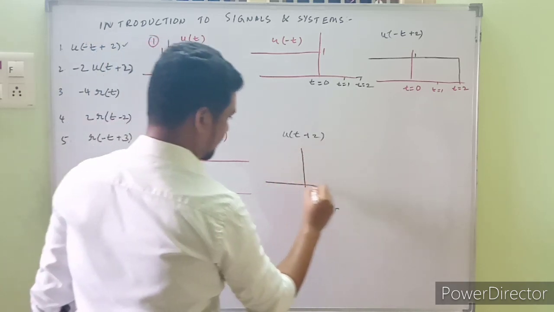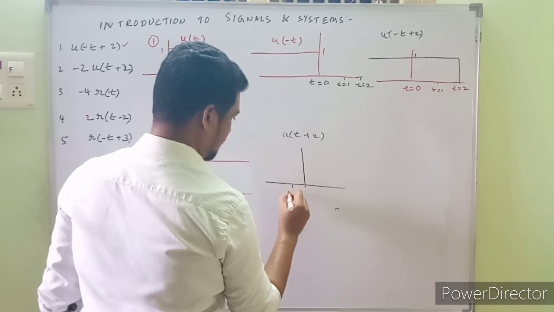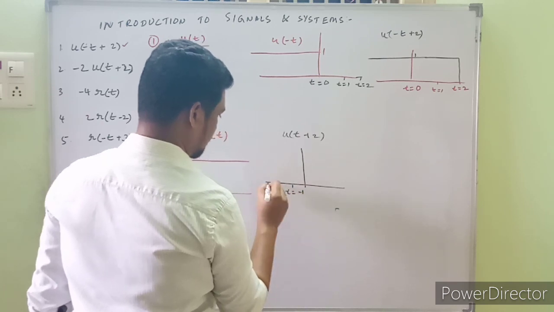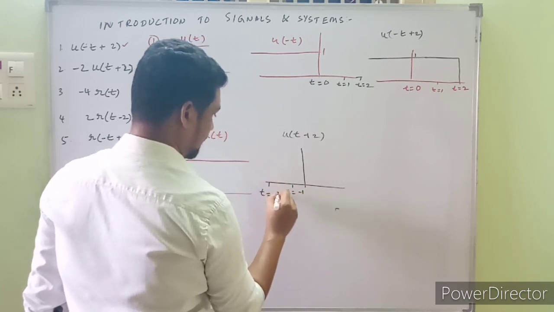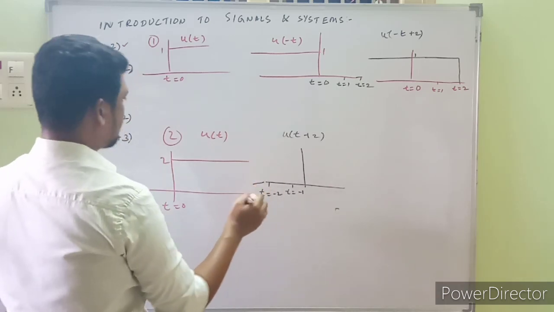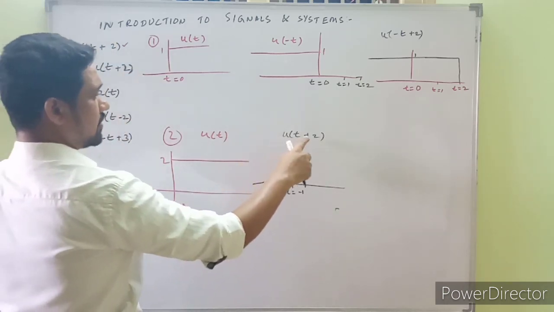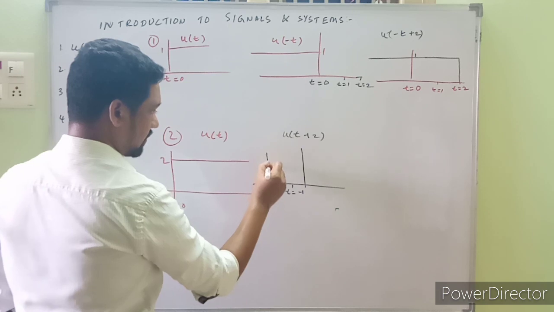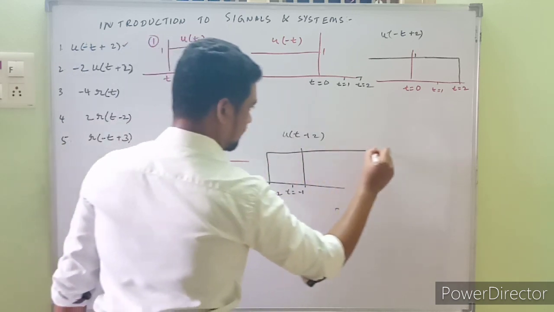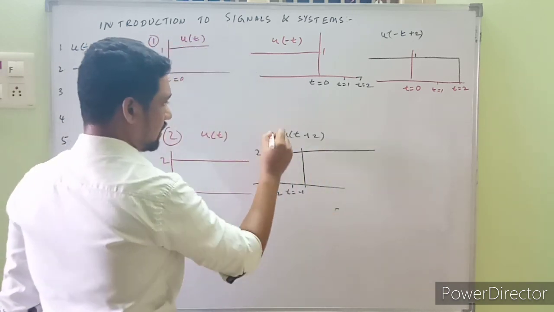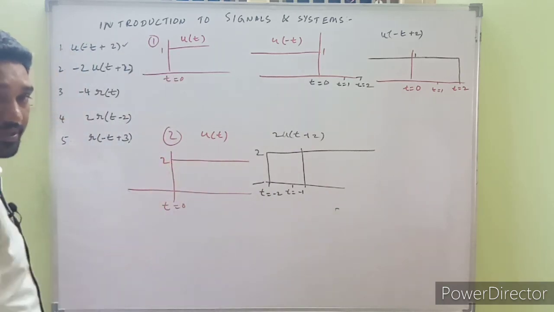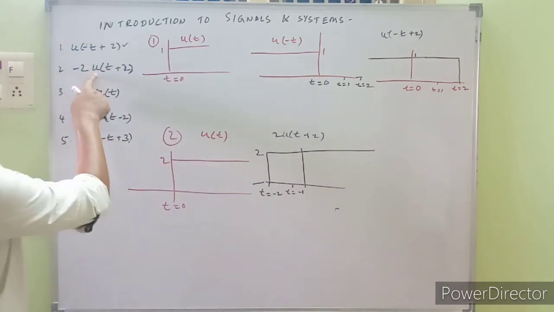because the signal commences from, let it be, t equal to -1. This may be t equal to -2 in that case, and it goes on. And u of t plus 2 will be this one. And what if we had an amplitude 2? It's multiplied with 2. This is not the final sketch of this one.